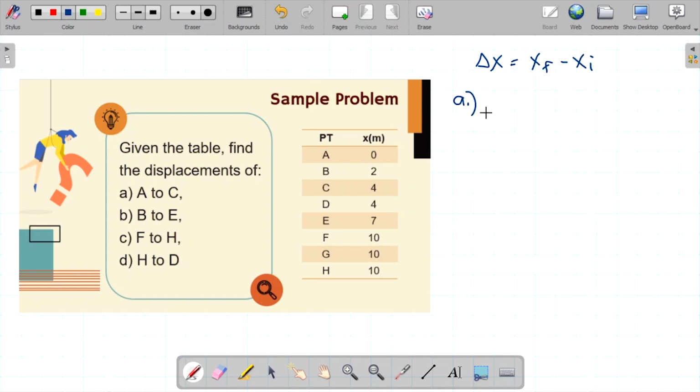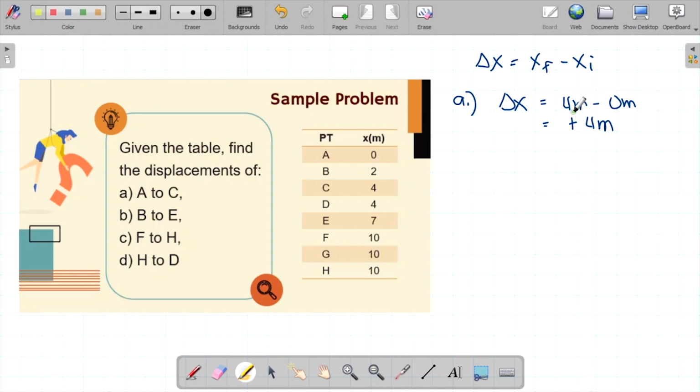Let's start with letter A. We need to find the displacement from point A to C. So the initial position is 0 meter, and the final position is 4 meters. That means the displacement equals 4 meters minus 0 meter, which is equal to positive 4 meters.